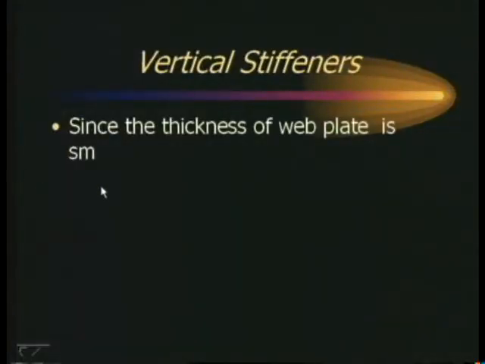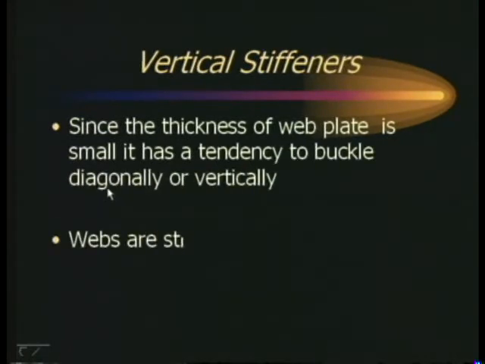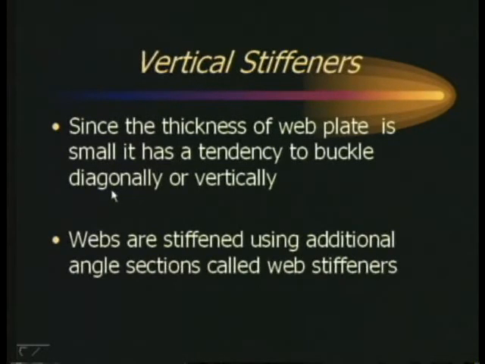So you have seen the horizontal stiffener in the figure. Stiffeners can be provided either vertically or horizontally. If the stiffener is provided in a vertical direction, it is called a vertical stiffener, and in case it is provided horizontally, it is called a horizontal stiffener.